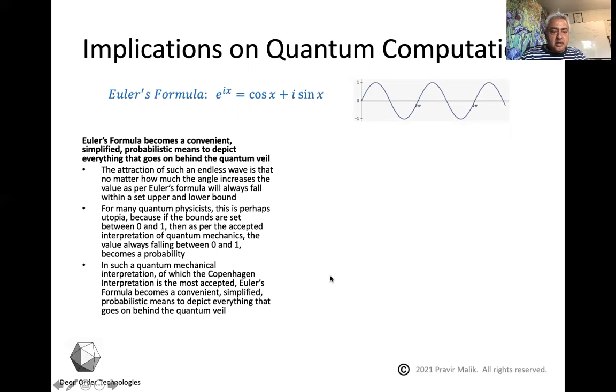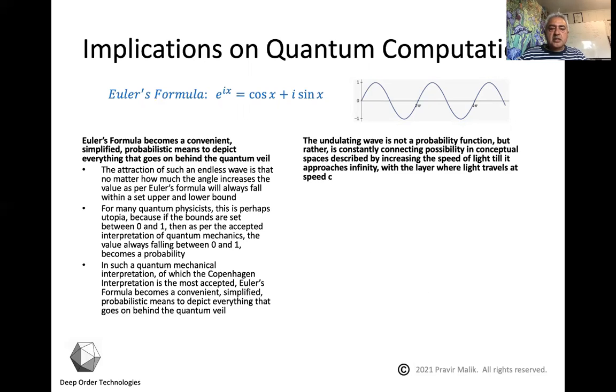So this kind of quantum mechanical interpretation, of which the Copenhagen interpretation is the most accepted, basically places Euler's formula as a simplified probabilistic means to depict anything that's going to go on behind the quantum veil.